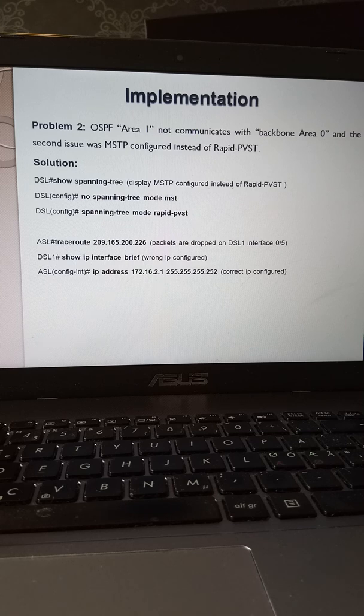We go to the DSL switch and run show ip interface brief. We see that the interface is not working properly because a wrong IP is configured. We fix it with the correct IP using the command ip address.